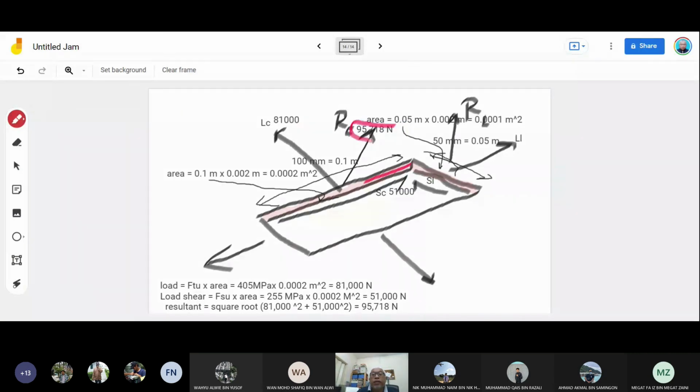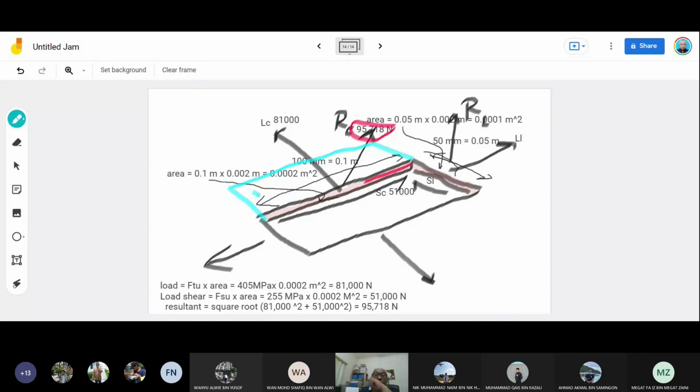This is the load you need to consider in restoring this area by designing your doubler. The doubler will carry the load over here. You need to restore the strength of this area by designing a doubler. The doubler will be installed here.